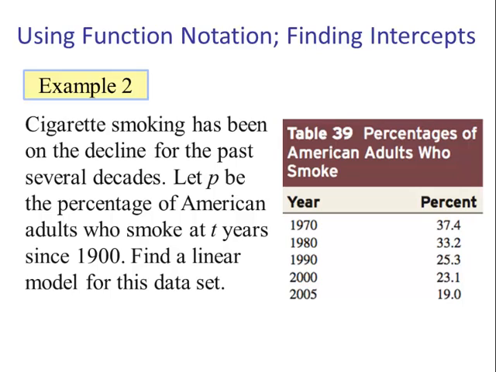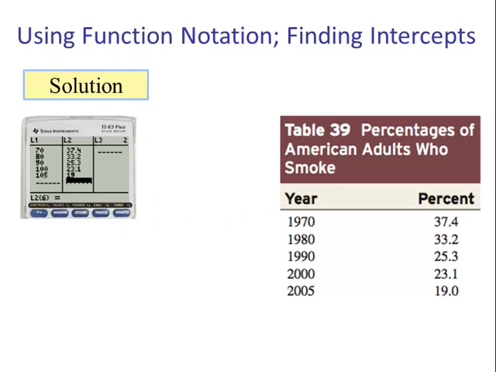Cigarette smoking has been on decline for the past several decades. Let P be the percentage of American adults who smoke at T years since 1900. Find a linear model for this data set. So we have our table here. The first thing we want to do is grab our graphing calculator, hit stat, and then enter. The independent variable is the number of years since 1900, so we enter 70, 80, 90, 100, 105.